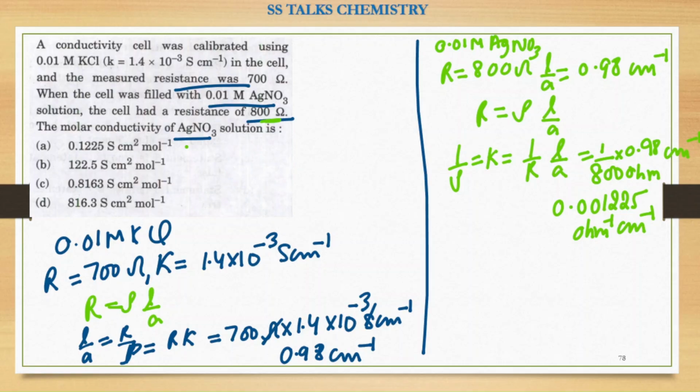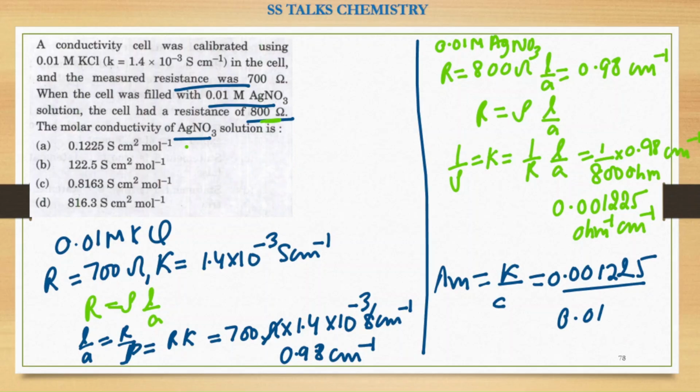Now we need to find the molar conductivity for this. So lambda m is kappa upon the concentration. So this is 0.001225 upon the concentration, which is 0.01 mole per liter, and this is ohm inverse centimeter inverse. So again we need to convert liters to centimeter cube.